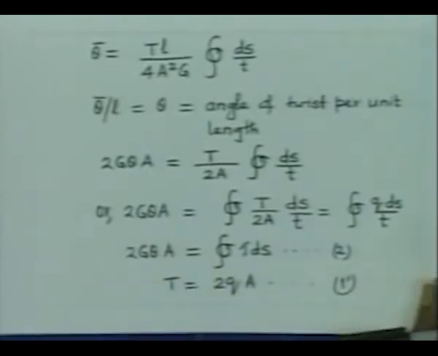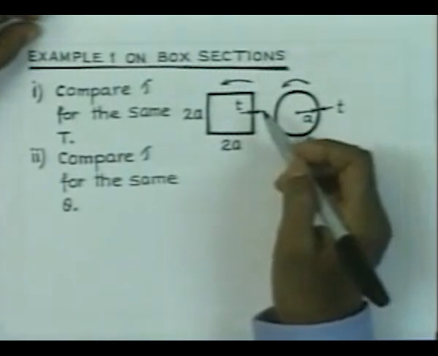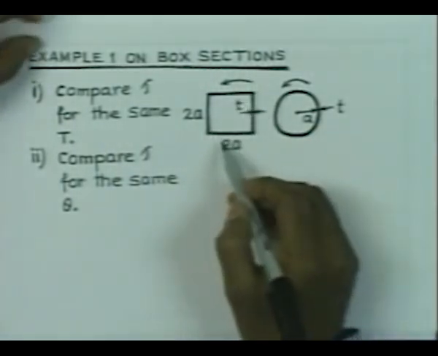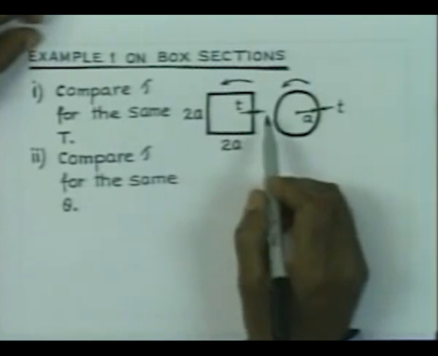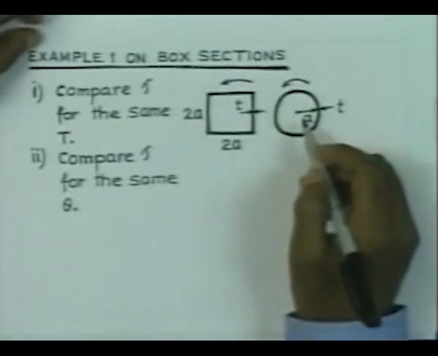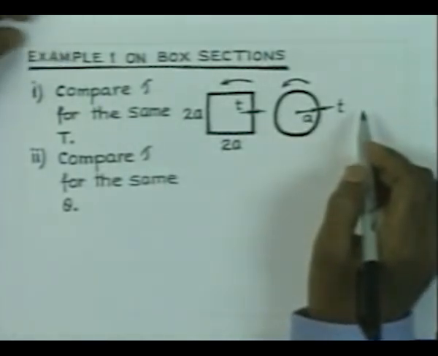Let us solve some simple problems applying this derivation. Let us consider one example of simple square box sections where the sides are 2a and the thickness is t, and we have another round section where the radius is a and the thickness is t.